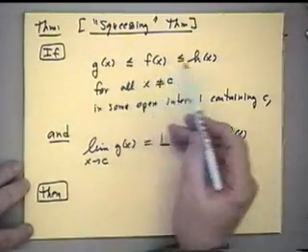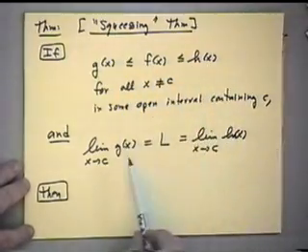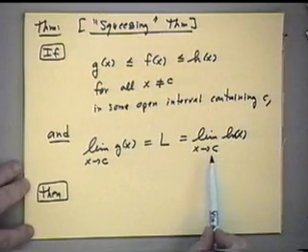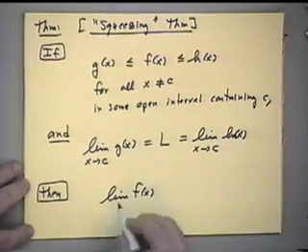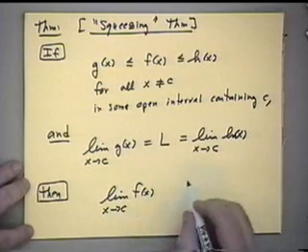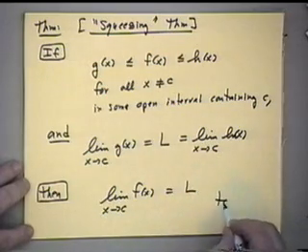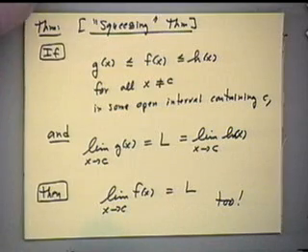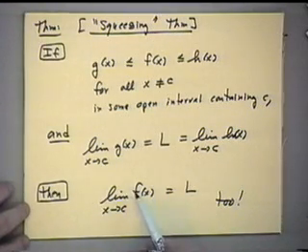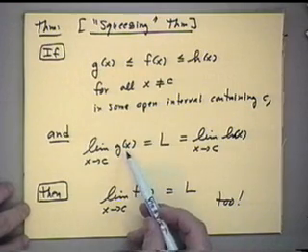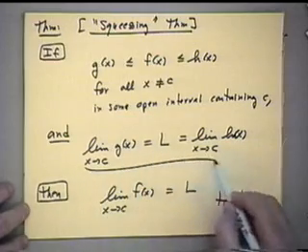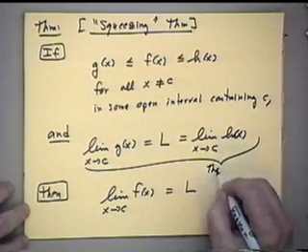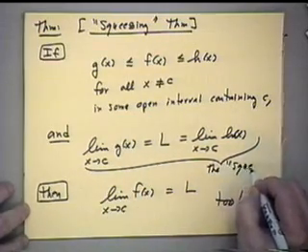If f of x is caught between these two functions everywhere, and these two functions have the same limit at c, then it seems natural to expect, and it in fact is true, that the limit as x approaches c of f of x equals L too. That is what's known as the squeezing theorem. The limit of f of x is squeezed between the g of x and the h of x limit. So if you want, you can call this part of the theorem the squeeze.